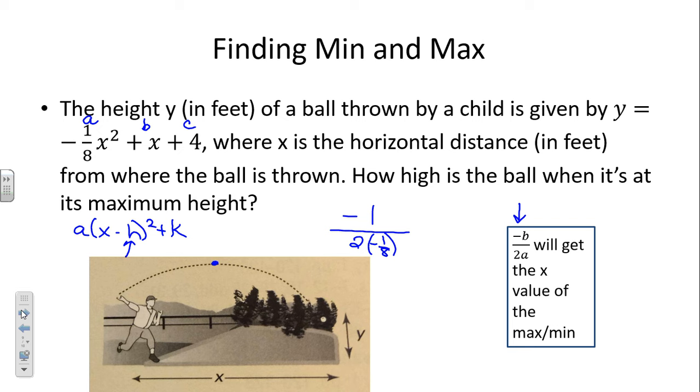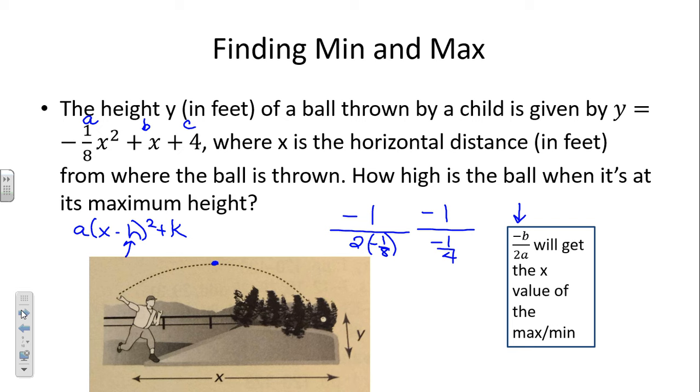So first of all, let's simplify this. There's a 2 in the numerator, 8 in the denominator. It reduces to 1/4. So I have negative 1 over negative 1/4. How do I get rid of a fraction over a fraction? Times it by its reciprocal, right?